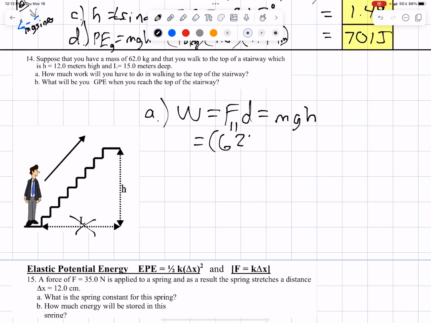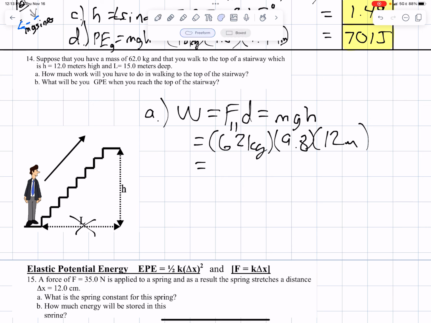Okay, so we're going to go 62 kilograms times 9.8 times a height of 12 meters. Take a moment to put that in your calculator, please. You should have gotten somewhere in the neighborhood of about 7,290 joules.